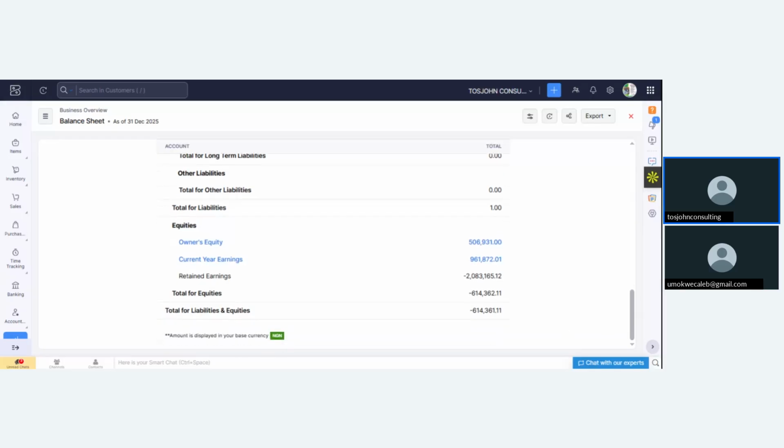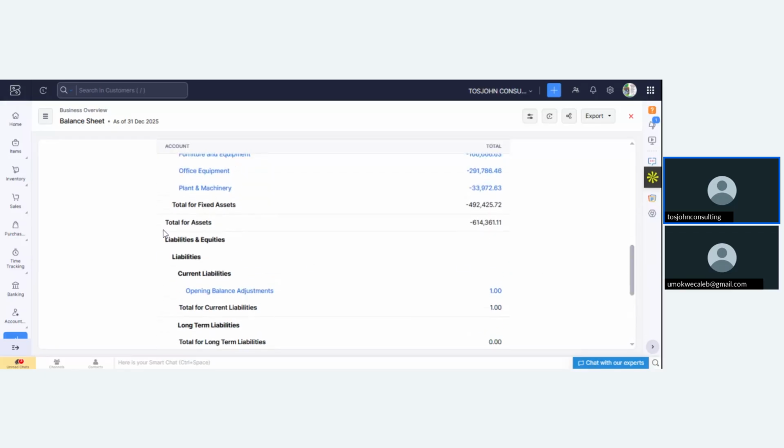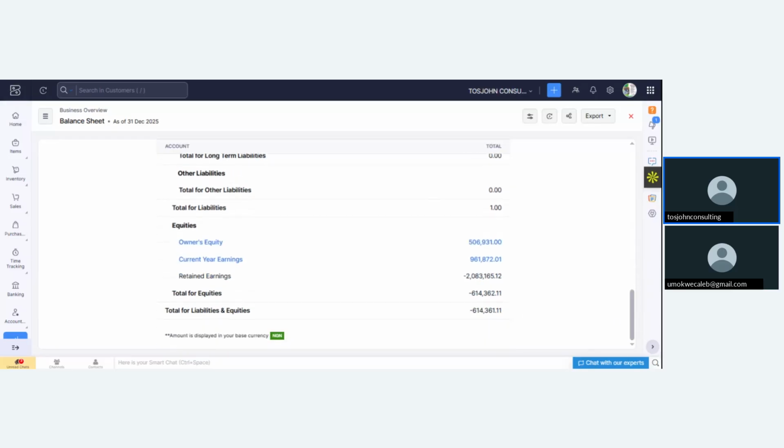And then at the end of the day, your total liabilities and equity, right, must be equal to your total assets. So you can see this 614,361.11, right, is the same here. 614,361.11. So the balance sheet will always balance, right? So it is a statement of financial position, the position of your business, the way your business stands, right?